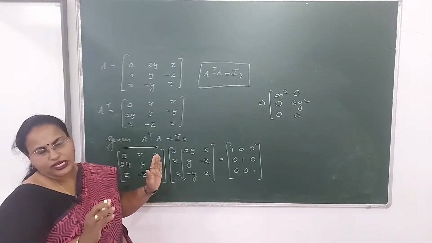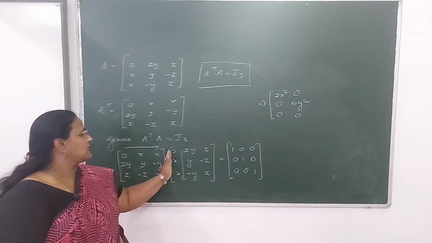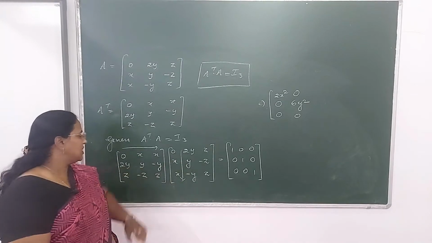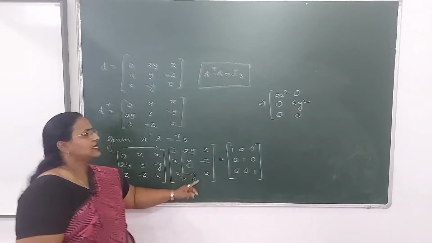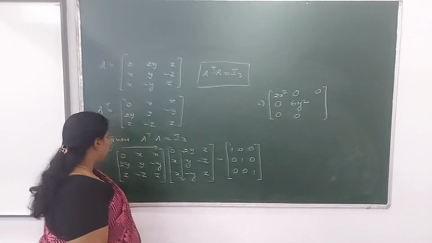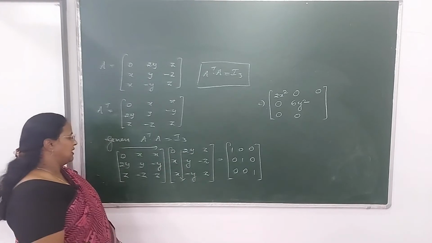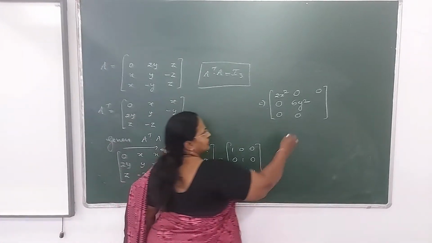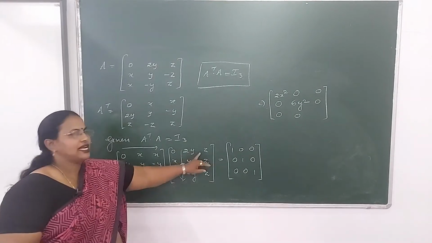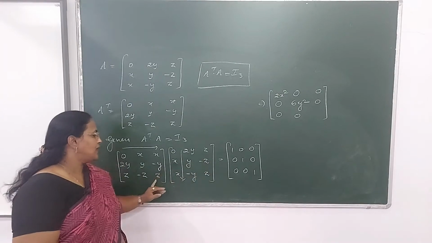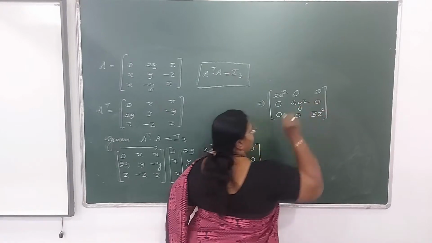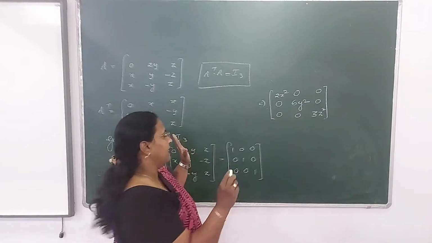So the second column is also done. Now the same pattern will be followed with the third column. 0 into z, 0, minus zx plus zx, that means this element will be 0. What about next? 2y into z is 2yz, minus yz means this is 0. Last row, last column, z into z, z square, plus z square, so that will result 3z square.